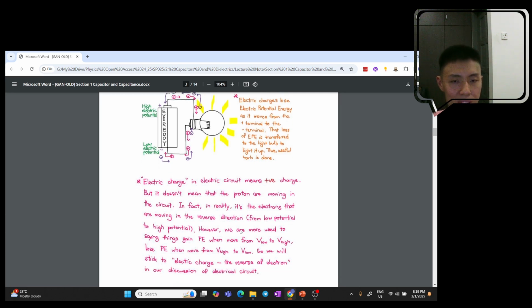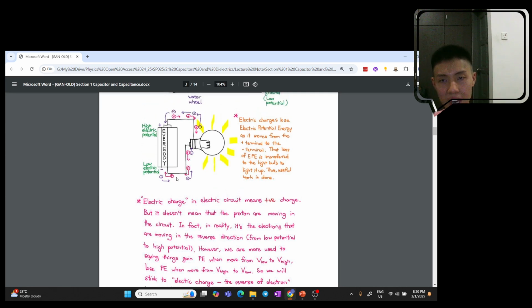So because of that, we will stick to electric charges, which is some kind of charge that is the reverse of the electron. It's an imaginary thing. Because it's the reverse of the electron, it will move in the reverse direction of the electron. So the reverse direction of the electron means it will go from low to high in the battery.